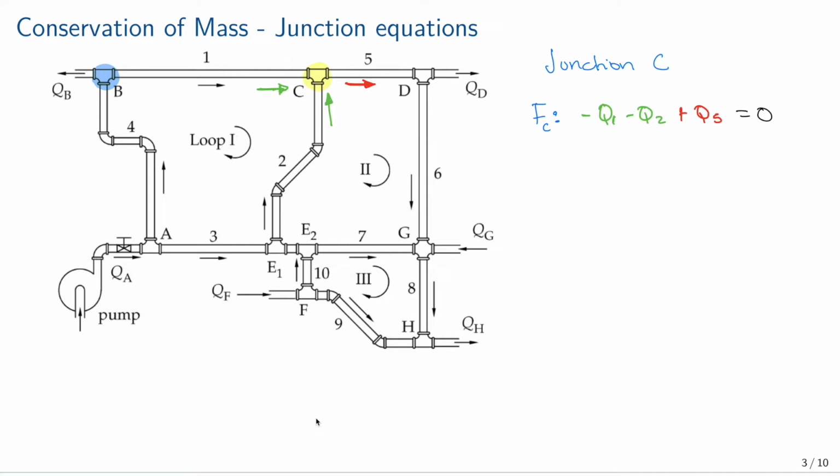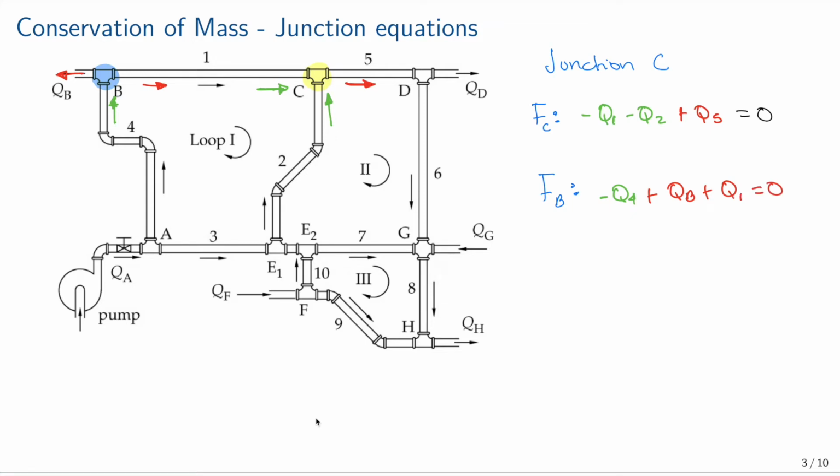For B, we have the inflow from 4, and then outflows, we have QB and we have Q1. So our equation: negative the inflows, minus Q4, and positive the outflows, plus QB plus Q1, equal to 0.